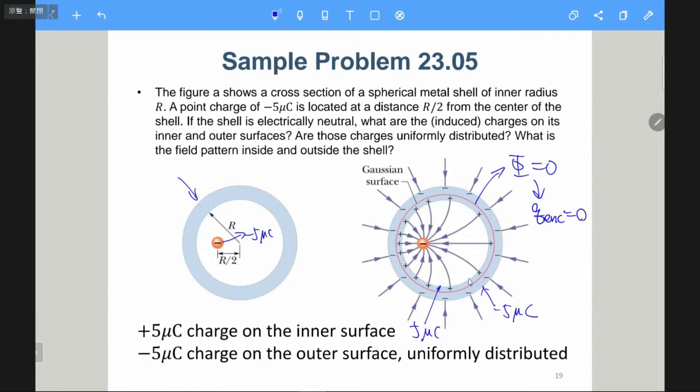The negative charge will be uniformly distributed, but the positive charge is not uniformly distributed because for this part, the force attracting the positive charge and negative charge will be stronger. So this side will be dense, and for this part, the charge density is smaller for the inner surface. But for the negative charge, it is uniformly distributed.